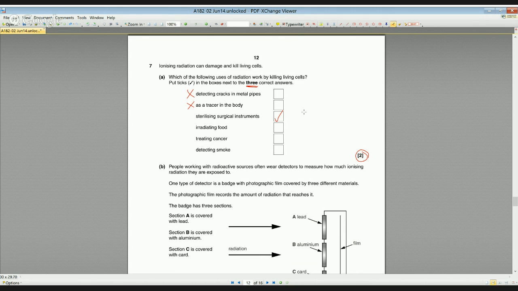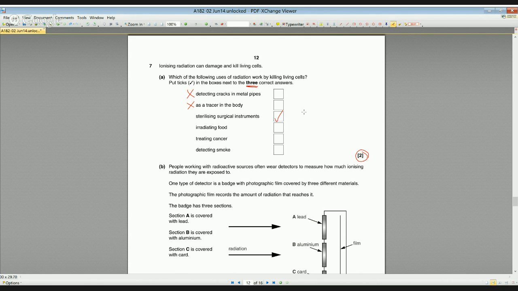A common misconception with radioactivity is that by shining radiation, gamma, alpha or beta, on something, it will make that thing radioactive. That's not the case. Remember, gamma radiation, it is light. It's high intensity, high frequency, high energy light, and it's no more true that shining radiation on something makes it radioactive than shining light on something makes it glow, makes it produce light.